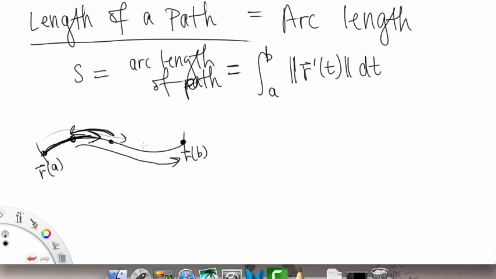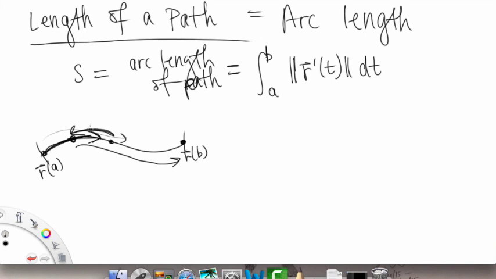That would only be if you were traveling unidirectionally, meaning in one direction the entire time, and not backtracking. But the path, r of t, may allow us to backtrack, so it might end up being more than the arc length of the curve.